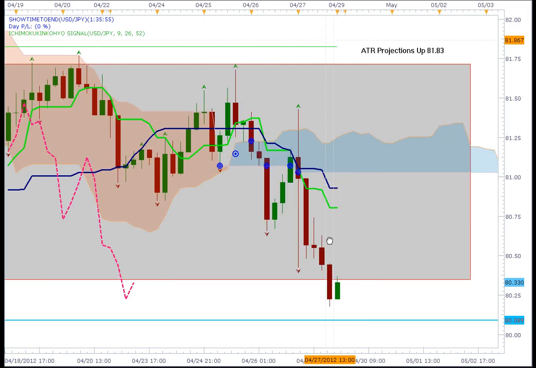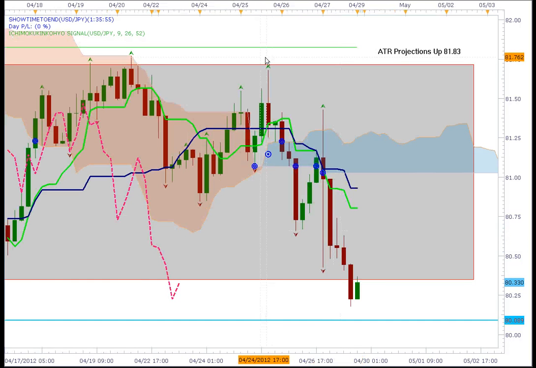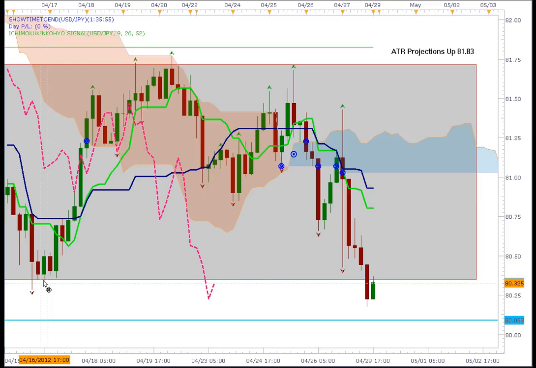Okay, now we could have gotten into the market. Let me show you one thing here. We could have gotten into the market after price closed below this support level right here. But we didn't get into that market because this was on a Friday. I didn't want to trade that on a Friday and wait over the weekend.